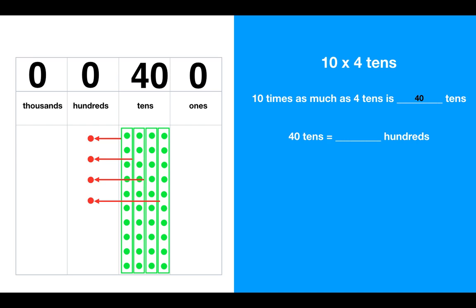So 40 tens is equal to 4 hundreds. We could say 10 times as much as 4 tens is 40 tens, which is 4 hundreds.